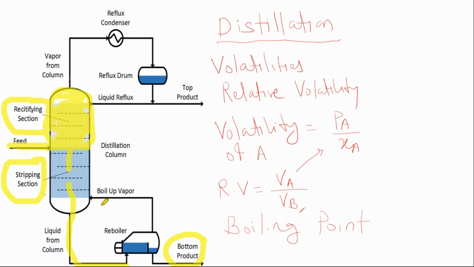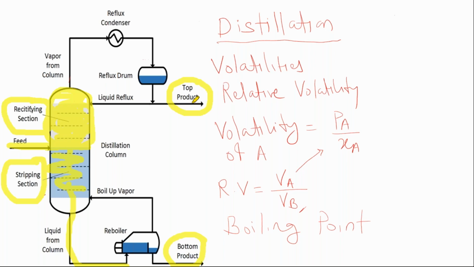So here is the removal of the less volatile component from the more volatile component, and this section is called the stripping section. The product which is rich in the less volatile component is called the bottom product, and the distillate which is rich in the more volatile component is called the top product.